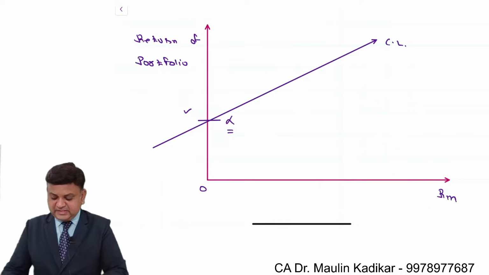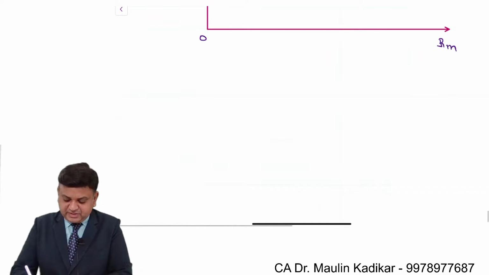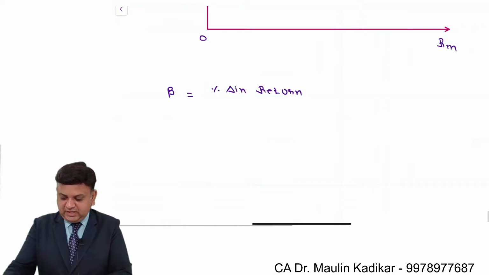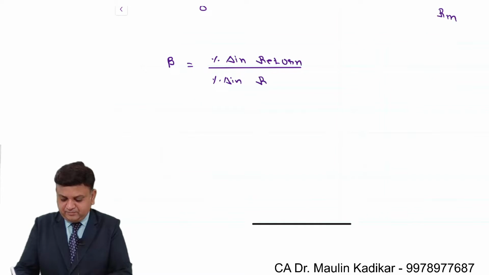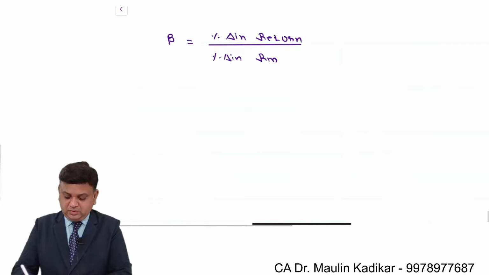Now, we understand that beta measures, listen carefully, what is the percentage change in the return of the security for every 1% change in the market return.